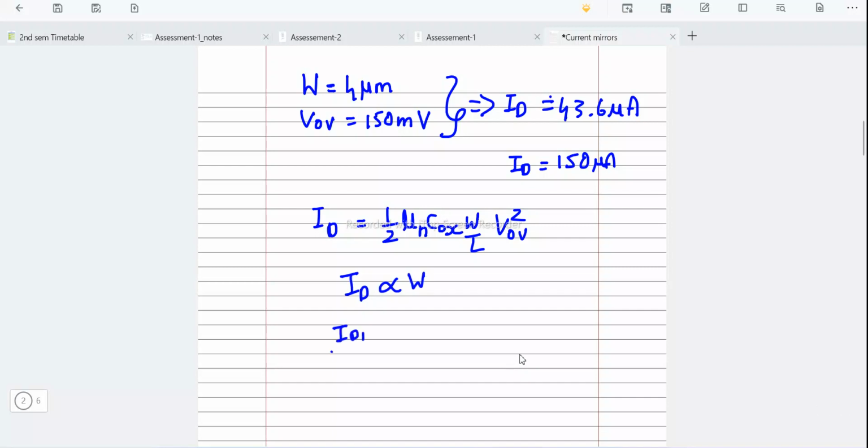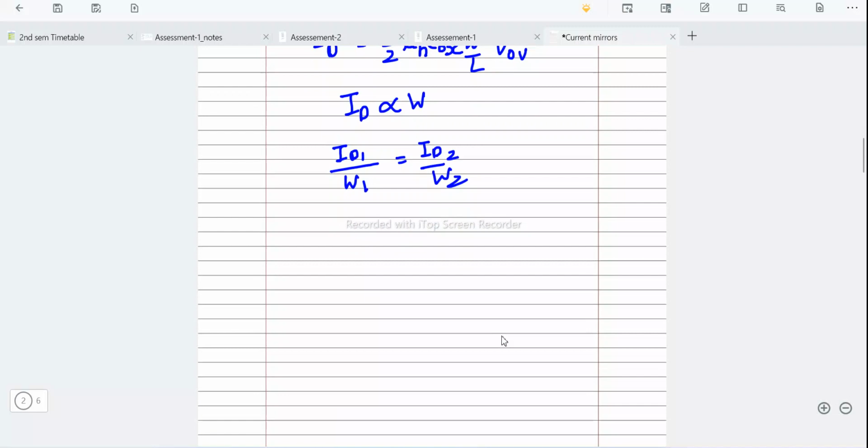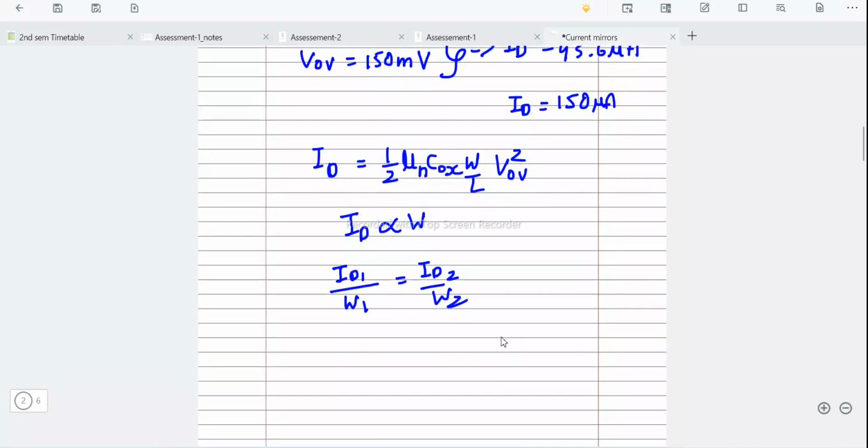So I can write ID1 divided by W1 equals ID2 divided by W2. We got 43.6 microampere for the width of 4 micrometer. So in order to get 150 microampere, what exactly is the width? W2, if we calculate, would be around 13.8 micrometer.